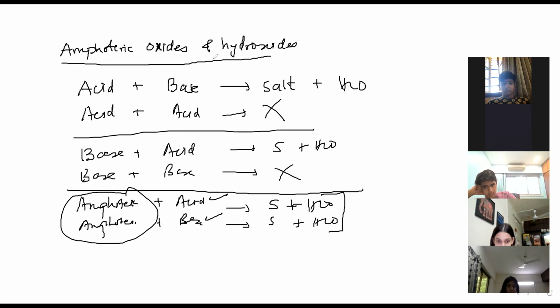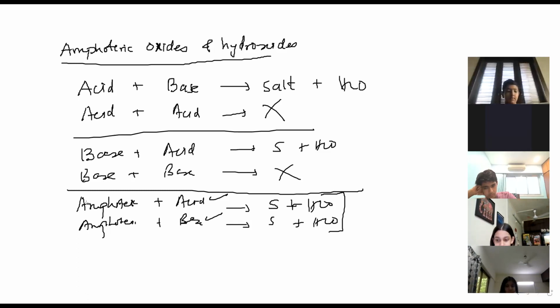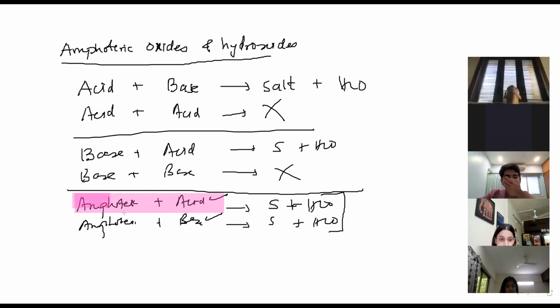Okay, so when the amphoteric reacts with an acid, now pay attention. When amphoteric reacts with an acid here, what is the amphoteric behaving as? What is the behavior of amphoteric like? Base. Like a base. Okay, so whenever amphoteric reacts with an acid, it's behaving as a base.